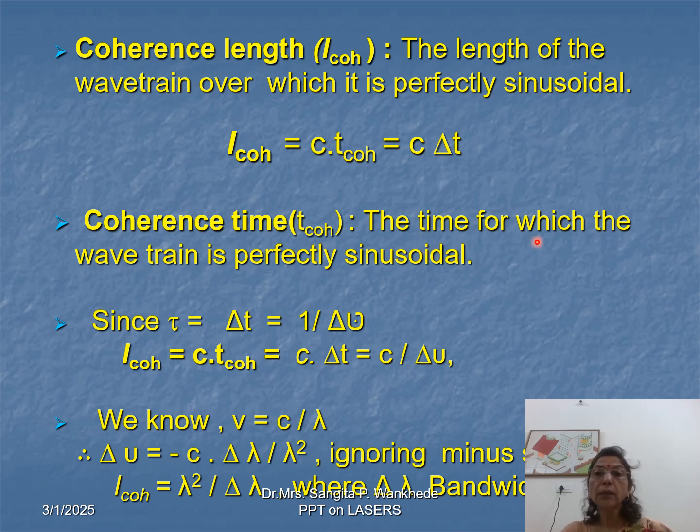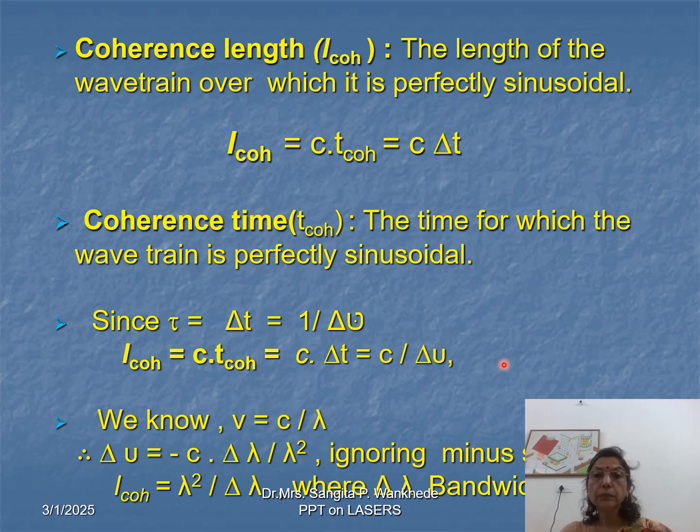The coherence time is the time over which the wave train is perfectly sinusoidal, and it is given by delta T equal to 1 upon delta mu. So L coherence is equal to c into T coherence, so c into delta T, that is c upon delta mu.